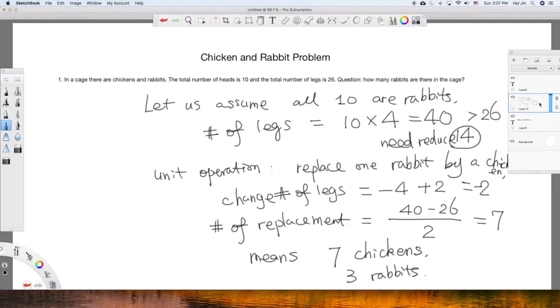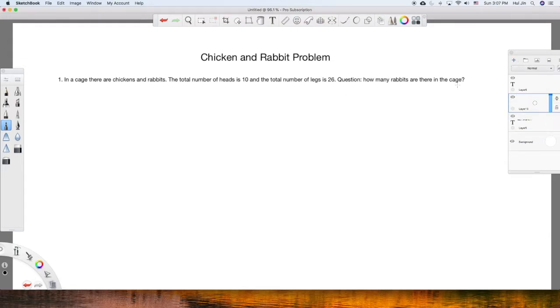Okay, now let's look at the last method for this kind of problem, and it is the algebra approach. I'm going to go very quickly on the algebraic approach, because we're going to learn it later; I'm just going to describe it. The first way is using 2 variables.